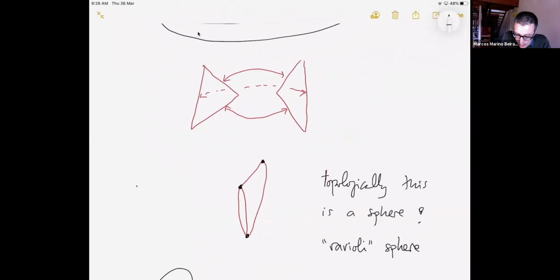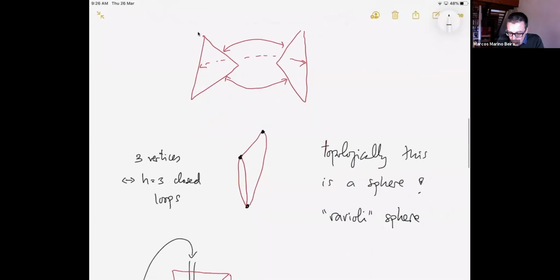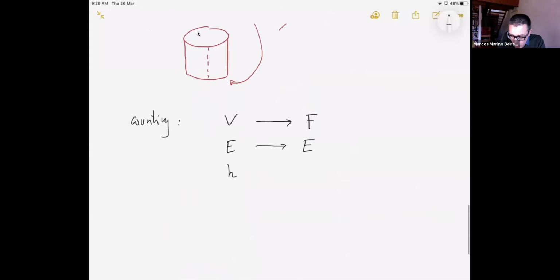And these three vertices of the final figure correspond to the three closed loops of the original diagram, okay? So the number of closed loops corresponds to the number of vertices of the final diagram, okay? So this is for the double line diagram, and this is for the triangulation in this case.